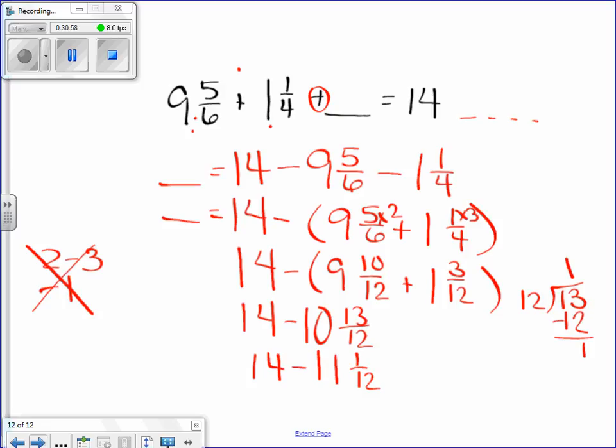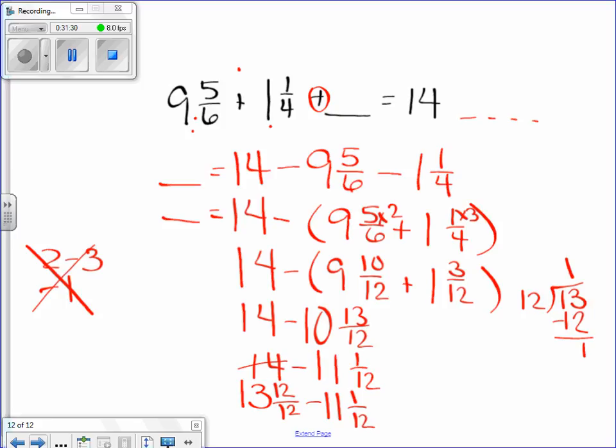So my 14, because it's 14 uncut pizzas, becomes 13 and 12 twelfths. Because I can't subtract from a straight up 14. 11 and 1. I think you had it.